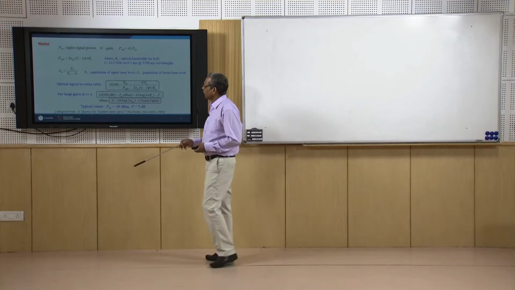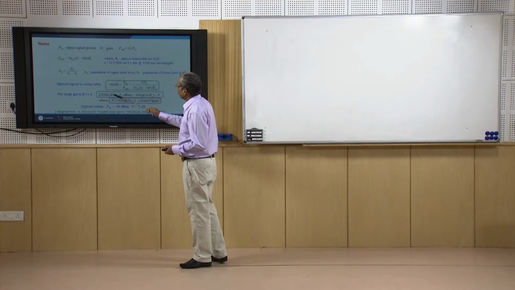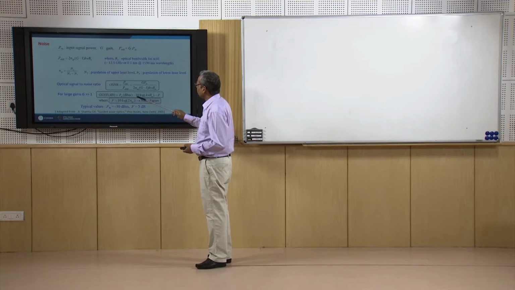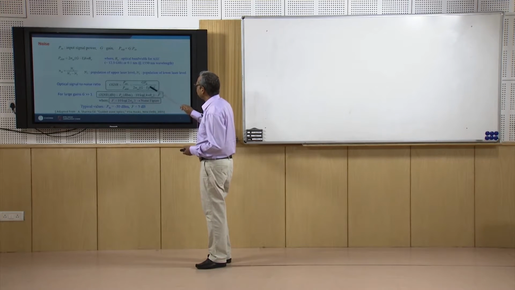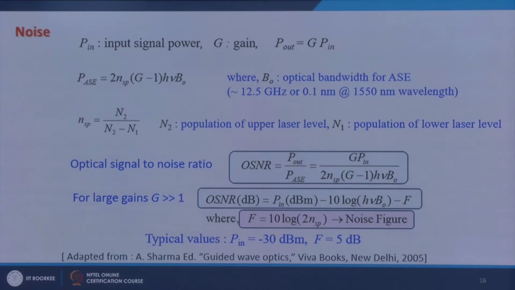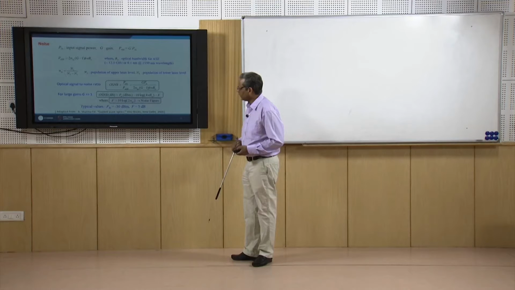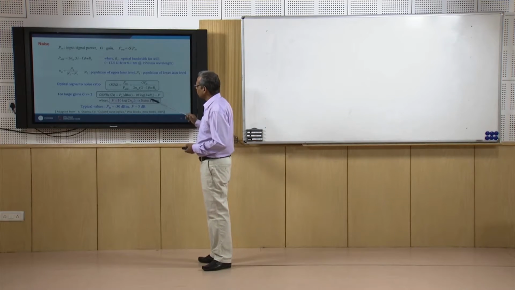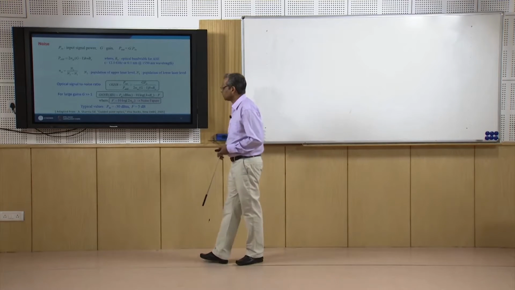Then I can convert this into dB as P in in dBm minus 10 log h nu B0, which comes from here, and minus a factor F, where F is defined as 10 log 2 NSP, and this is basically the noise figure.